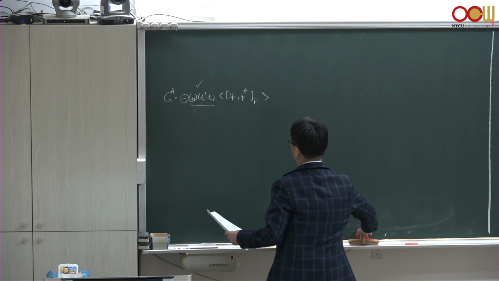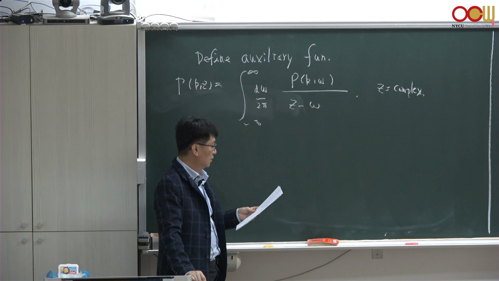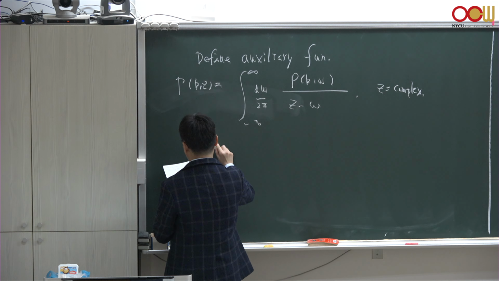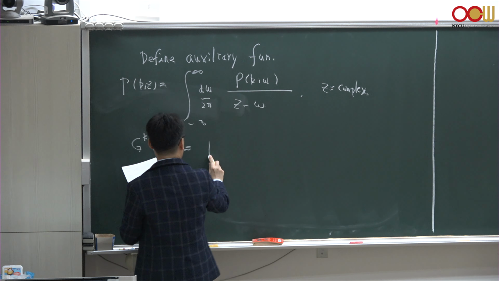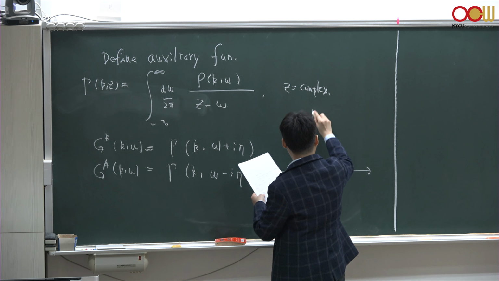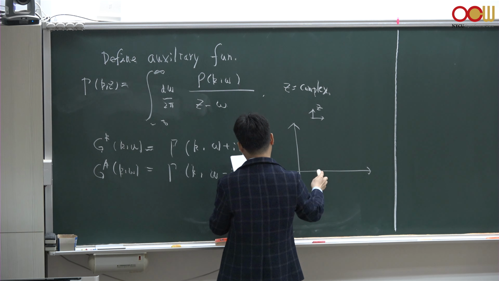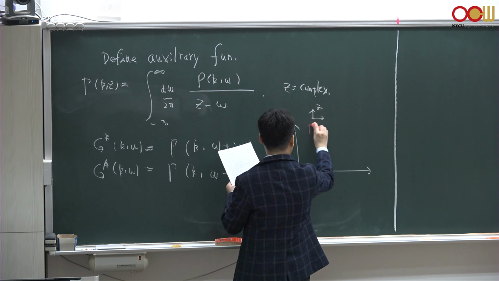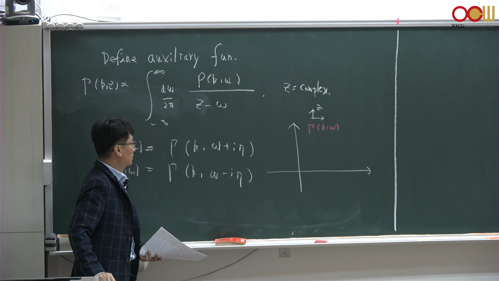So let's define a so-called auxiliary function, gamma, in the complex frequency plane. This omega is the omega prime that we just defined, and z is a complex variable which has a real and an imaginary part, like our omega. The G retarded and G advanced that we defined earlier correspond to the boundary values. Namely, this is our complex z plane, and we can define this gamma in this general complex plane.